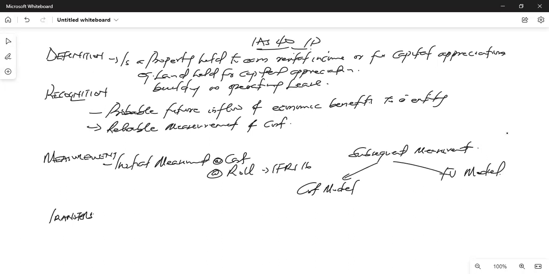The cost model is just the way you treat it under IAS 16.